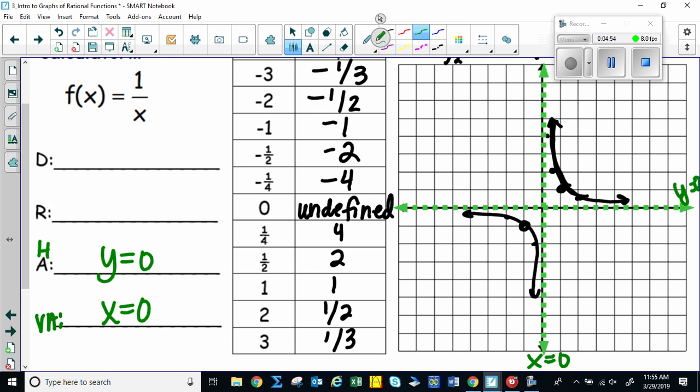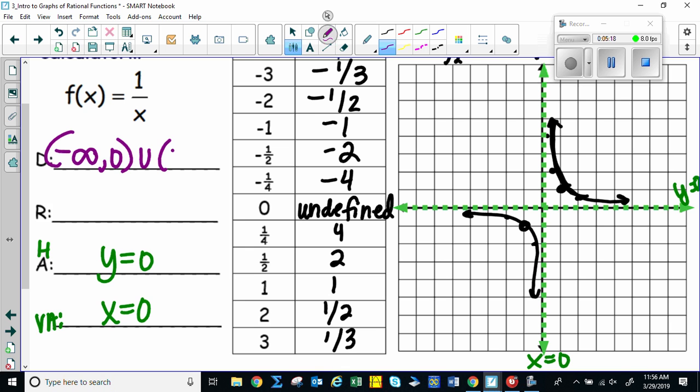Now talk to me about the domain. Can I put any number I want in there? All real numbers except 0. Okay, so let's take a look at how I would write that. All real numbers except 0. So I'm going from negative infinity to 0, and 0 is not included.